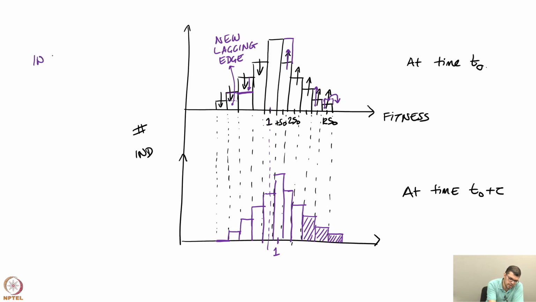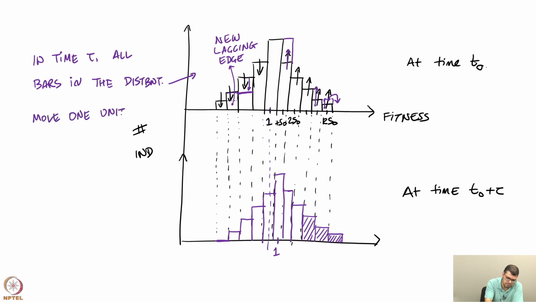So, in time tau, all bars in the distribution, as represented here, move 1 unit to the right.